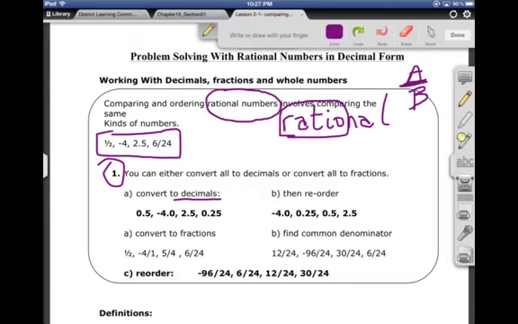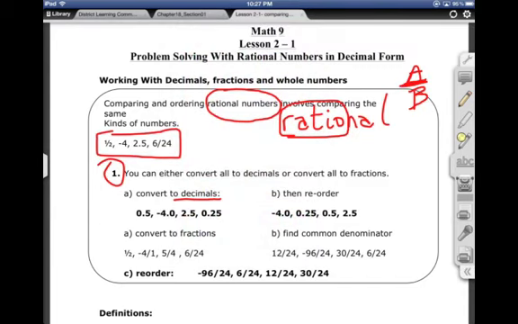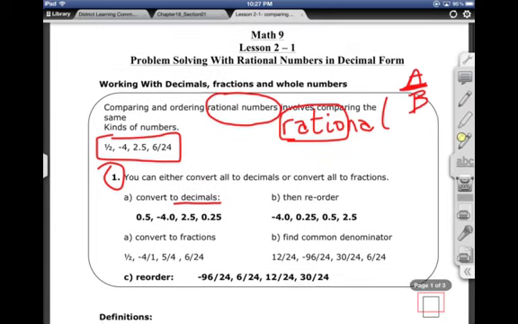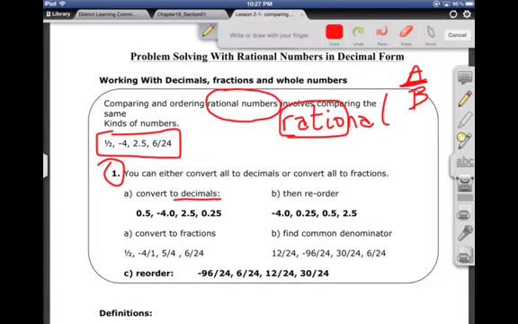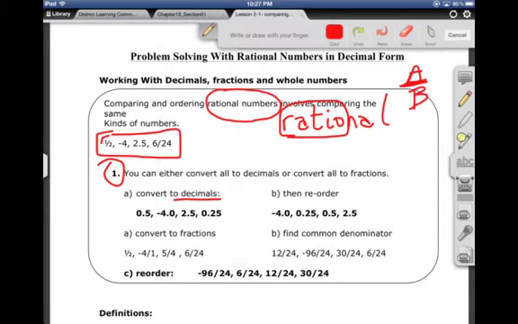Okay, so that half that you see above, let me just sneak a red color here, this half right there has been converted to 0.5.